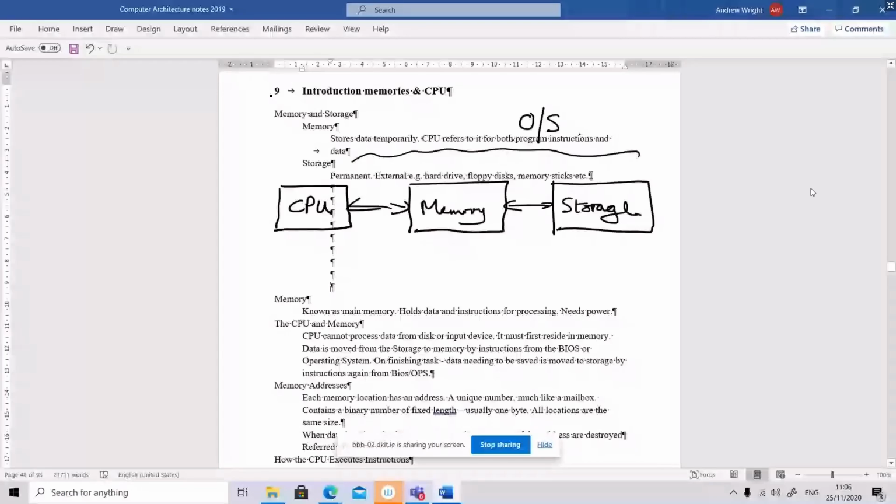Memory, on the other hand, traditionally loses its data when you turn things off. It only holds data when you have power. So this one generally needs power. This one doesn't need power.